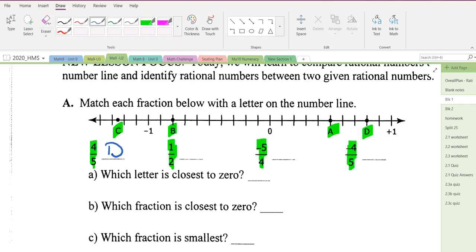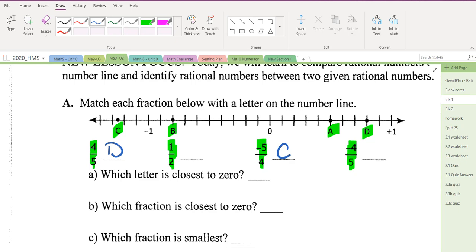The other one is going to be a decimal, because the numerator is smaller than the denominator. And this one's bigger, so this one's going to be further to the left. So I do agree. The one that's furthest to the left is C. So that fraction would represent C on the number line.